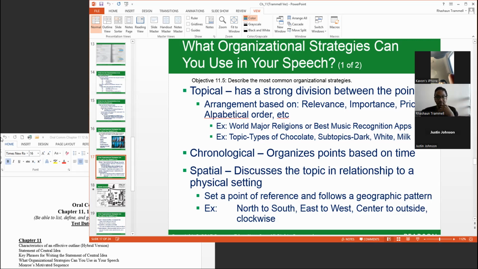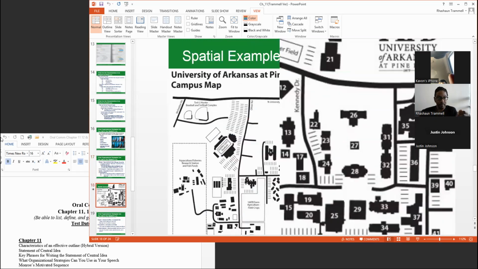That would be going from top to bottom. That would be describing someone using the spatial organization strategy. So this was an example of talking about the history of different buildings, and I decided to go in a clockwise motion.